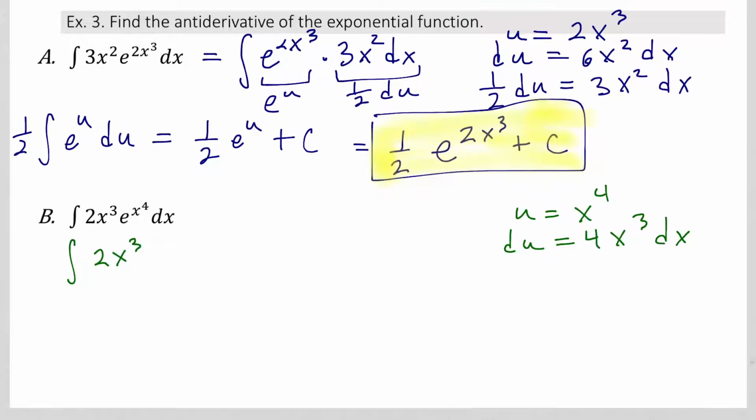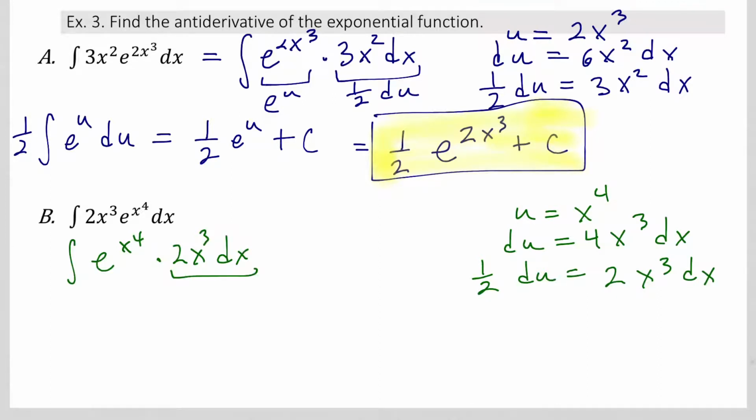Let's write the e to the x first, like we've been doing. I've got e to the x to the 4th, 2x cubed dx. All right, so I don't need a 4, I need a 2. So that's 1/2 du is equal to 2x cubed dx.